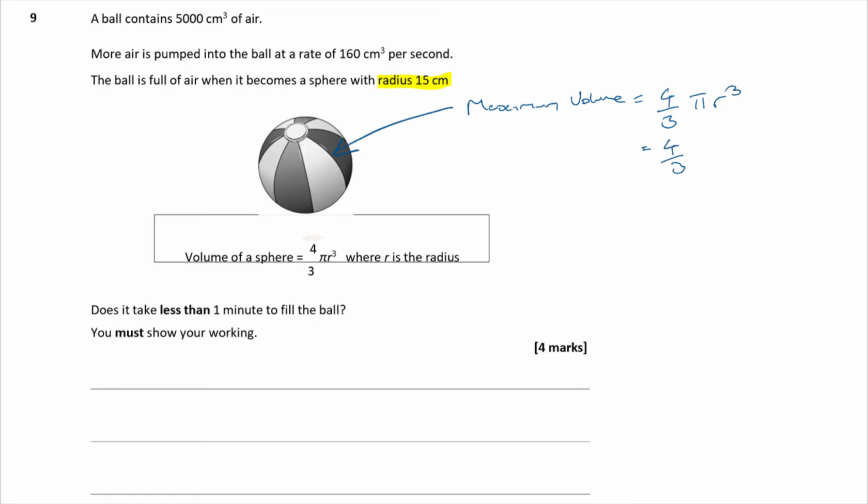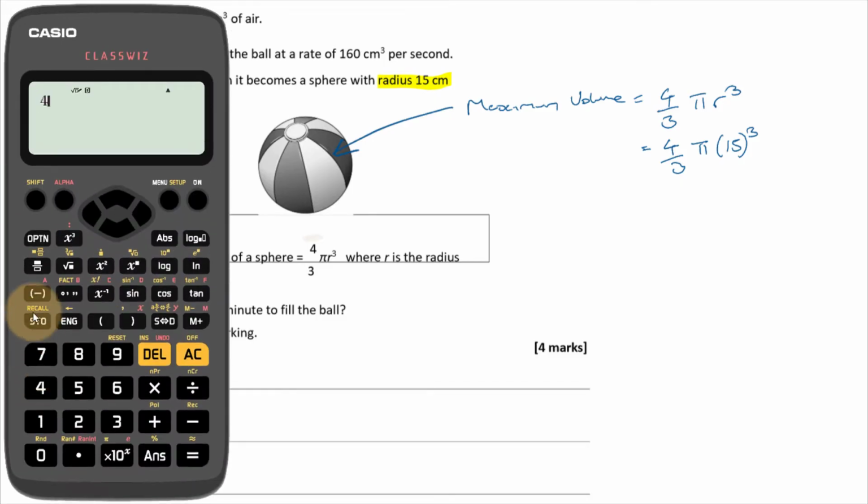So that's 4/3 of pi times 15 cubed. Okay, so what's that? Just going to do the number part for now. I'm just going to leave it in terms of pi. I'll do that on the final calculation. So what's 15 cubed times 4 divided by 3? That's 4,500. So I'm just going to leave it as 4,500 pi.